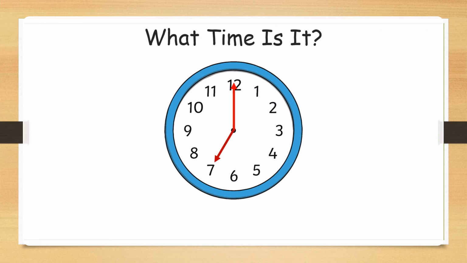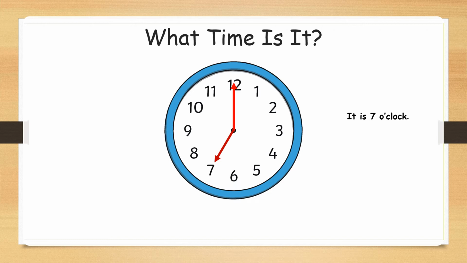Mr. Wolf, can you help out? Can you just try? I think 7 o'clock. You are correct. The hour hand is on 7 and the minute hand on 12. It is 7 o'clock. So let's write the time.